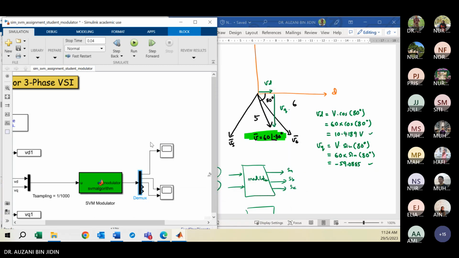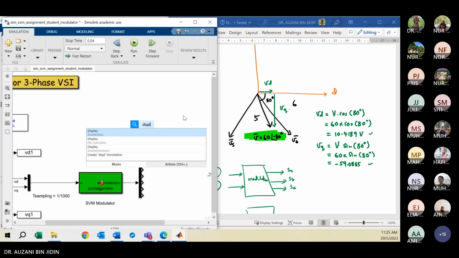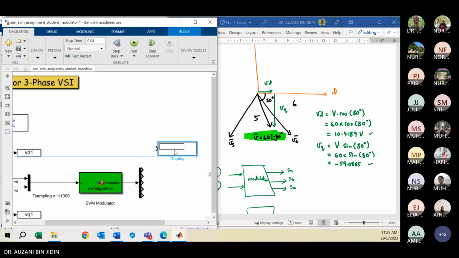So maybe you can use a suitable block to verify the result. To verify your design, maybe you can add a display block. Display is actually like a meter, so you can give the answer in numbers.